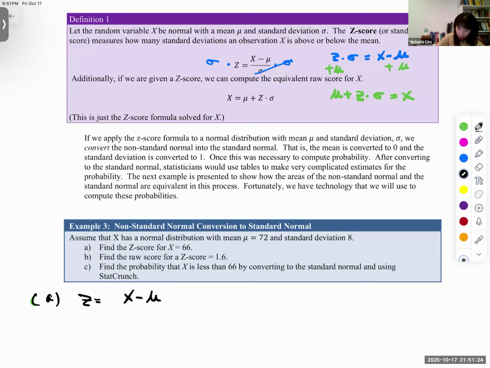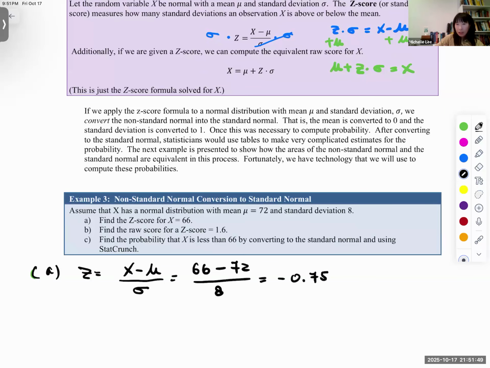X minus mu over sigma. So x in this case is 66, mu equal to 72, over sigma, which is 8. Can you please calculate? Negative 0.75. Yeah, z equals negative 0.75. Yeah. All right, second part. Find the raw score, which means the x value.